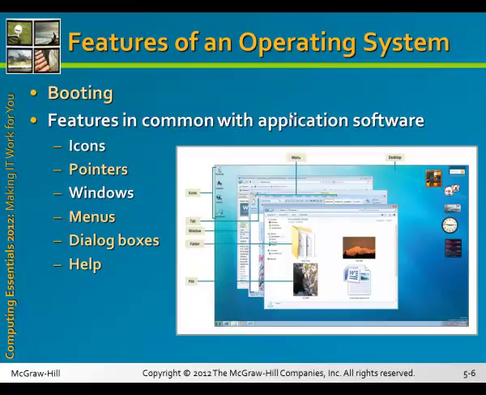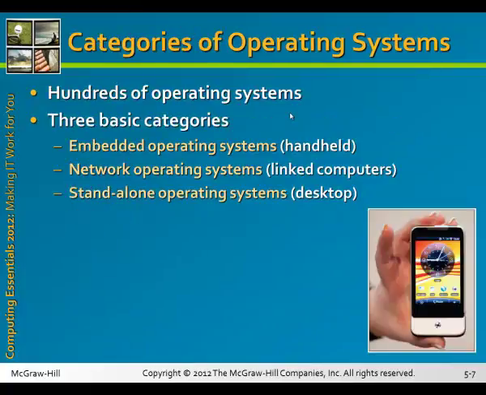The good thing about an operating system is that there are always help buttons, because that's the first location of your question to get to other things. So help buttons are always built into your operating systems.